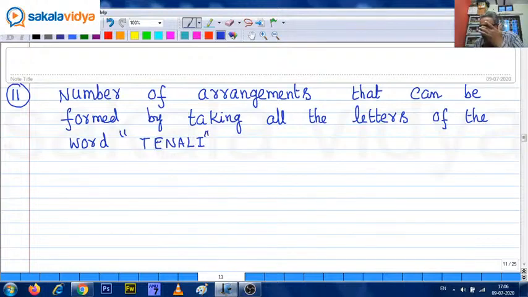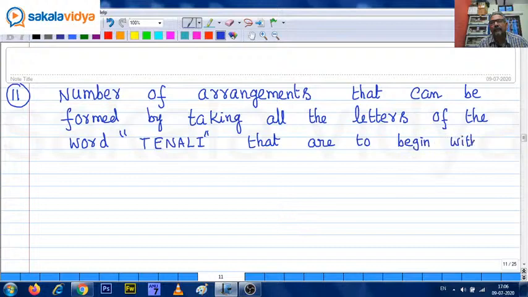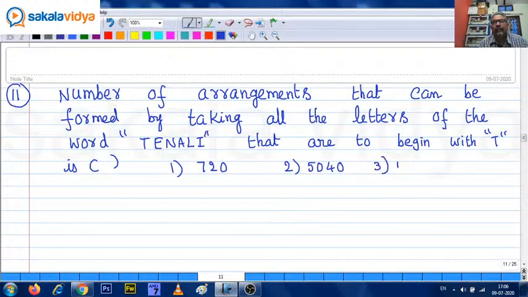The word should not be repeated. Right. The word Tenali that are to begin with T: first option 720, second option 5040, third option 120, fourth option 270.